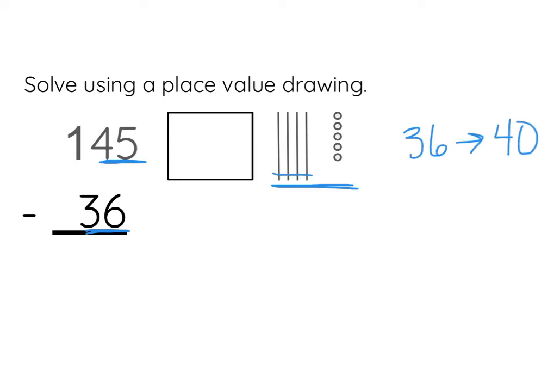So I'm going to subtract all 40 of those. And 6's partner is 4. So I will put the 4 back. And my answer is 100. I don't have any tens. So 109. Nice job.